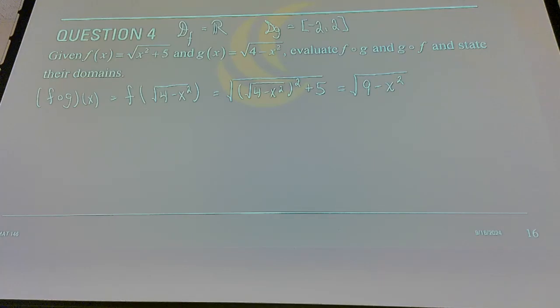Domain. Set of all x in the domain of g.